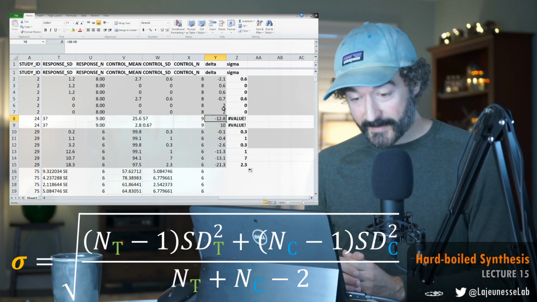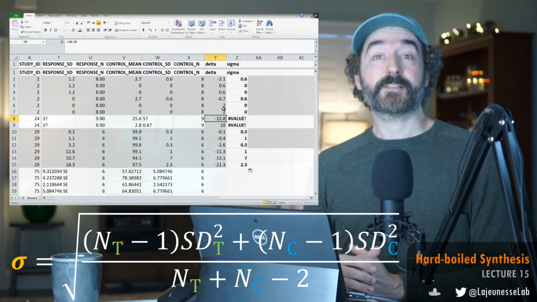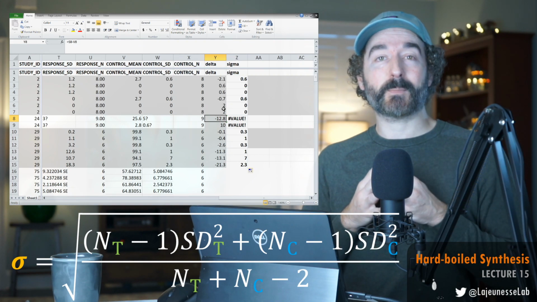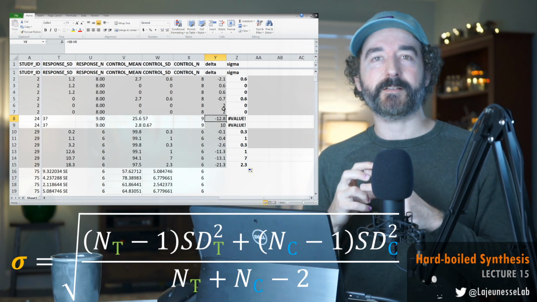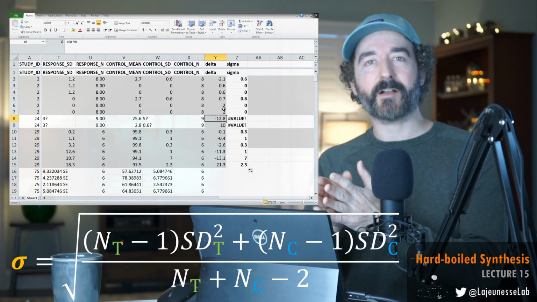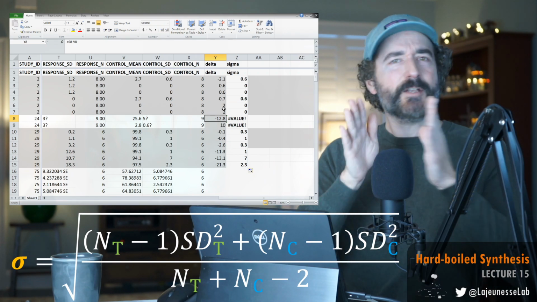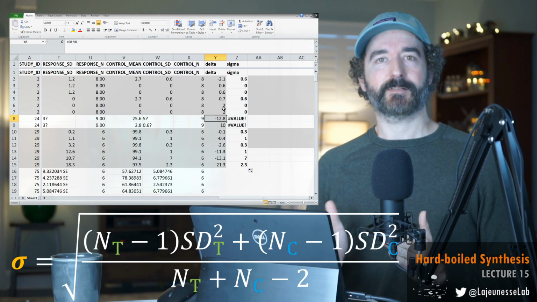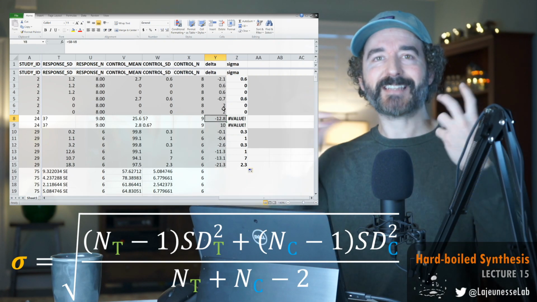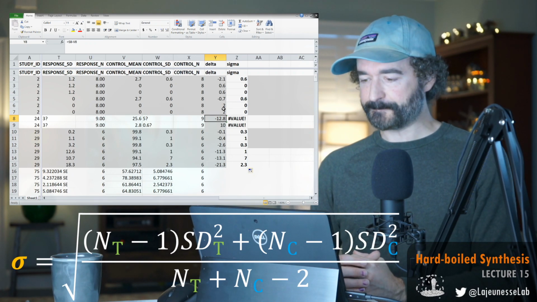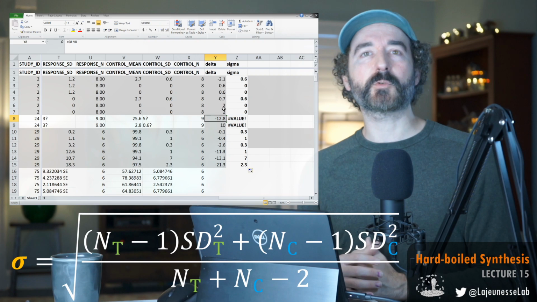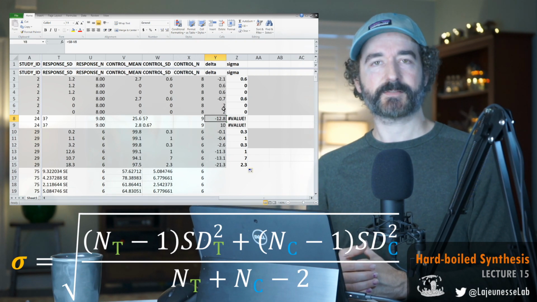Now, in study 24, I remember this. In study 24, it wasn't described whether the bars around the mean reported in the figure were standard error or standard deviation. Nowhere in the manuscript does it ever state what it is. And so I kind of have a rule for these situations.